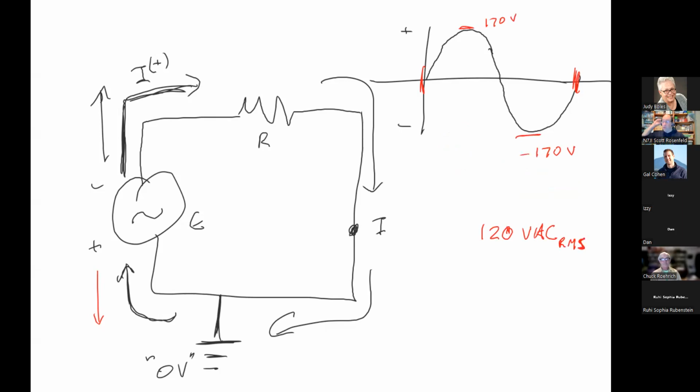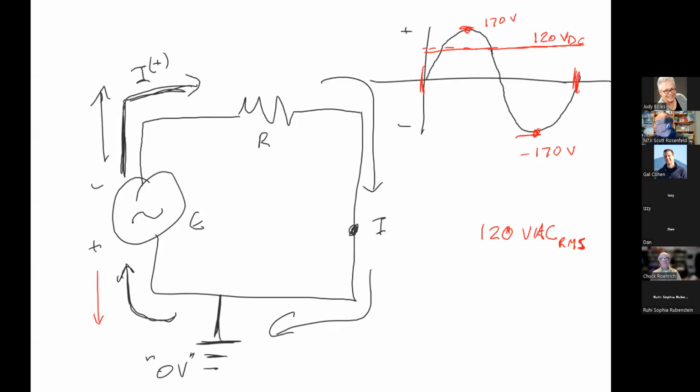What root mean square is, is the equivalent power delivery capability of a voltage waveform. So, in other words, this voltage waveform would produce as much power as a 120 volts DC signal. And that's because it's actually the voltage squared.